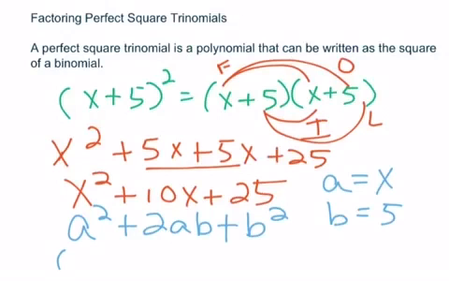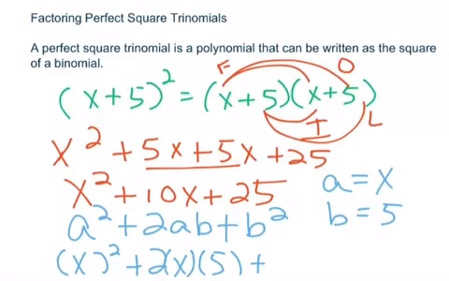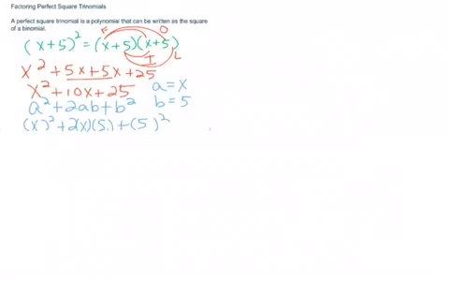Then we see that we have x squared plus 2 times x times 5 plus 5 squared. Simplifying this, we have x squared plus 10x plus 25. Clearly, this fits the form required.